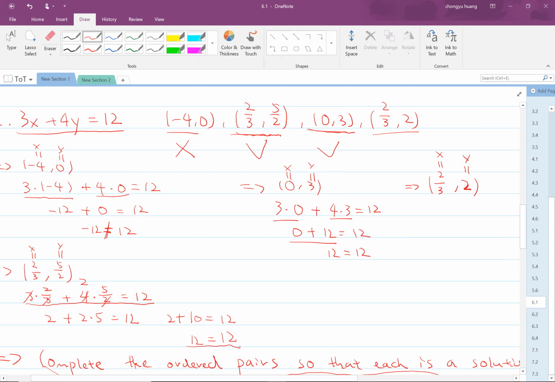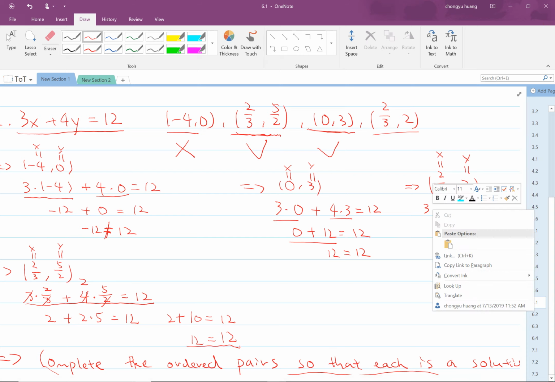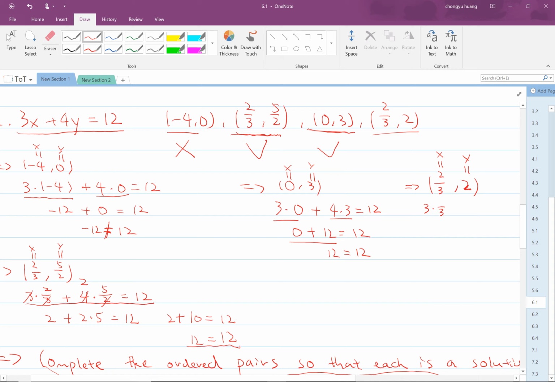I think after this point you should know how to do it. Basically over here is just simply plugging in the number, right? So we have 3 multiplied by 2 over 3 and then plus 4 multiplied by 2 is equal to 12, right?